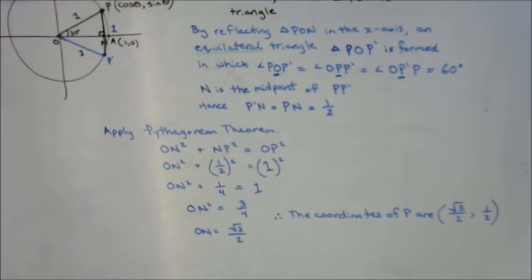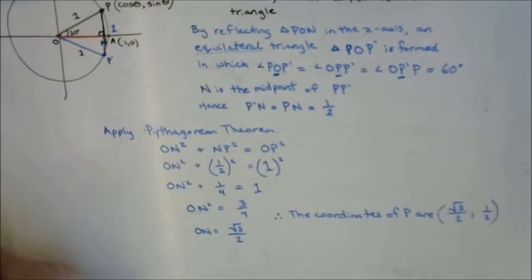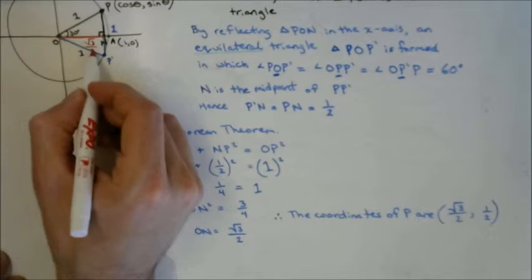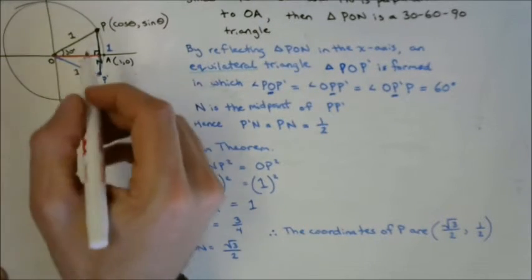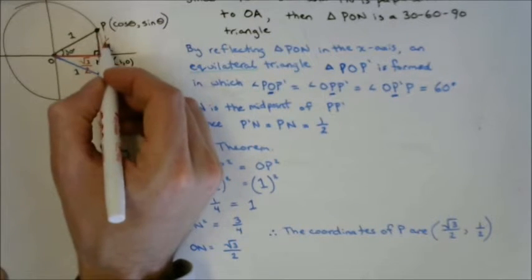So basically, on our diagram, there's not a ton of room. You might have more room than me. But this length from O to N is radical 3 over 2. And this length from N to P is 1/2.